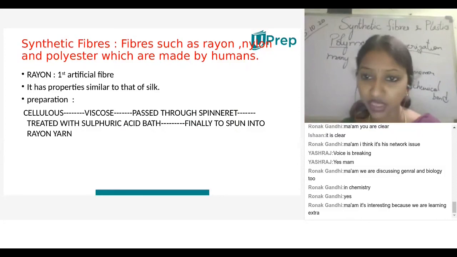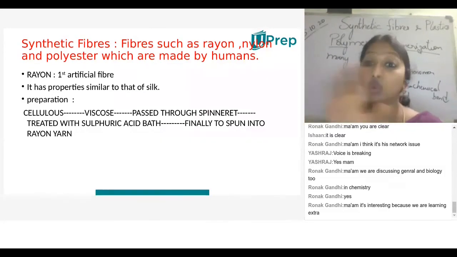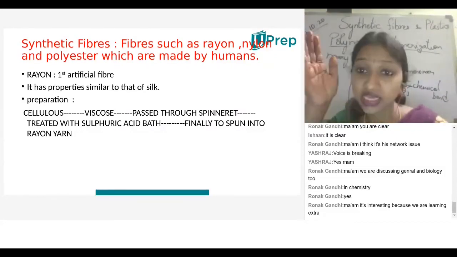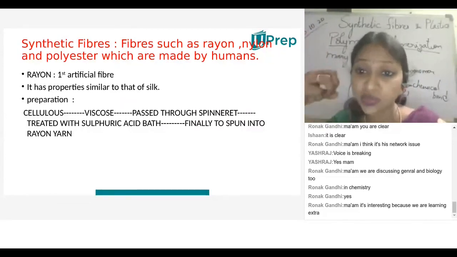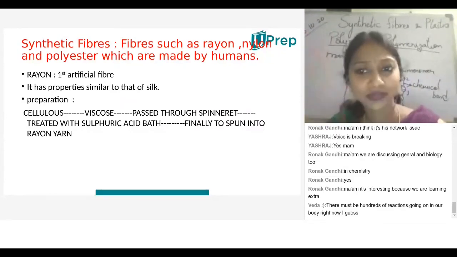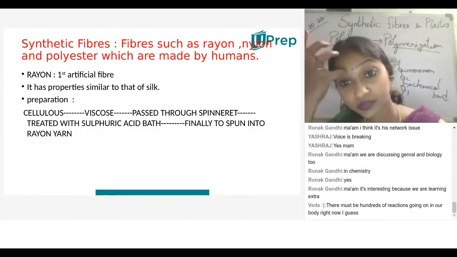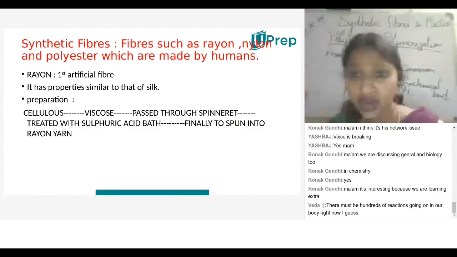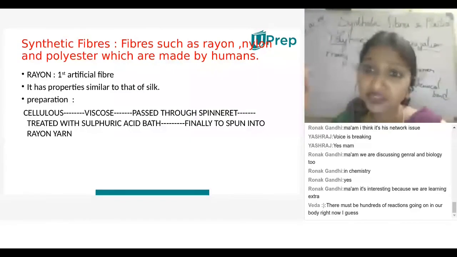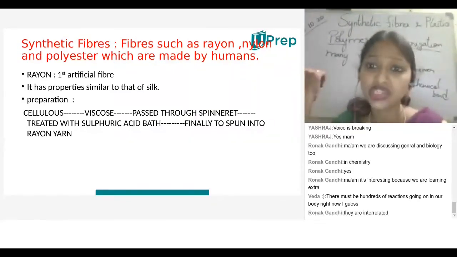How the enzymes are secreted, how digestion takes place, how respiration takes place. All these are nothing but chemistry. Ma'am, I was talking about technology, not biology. Yes, definitely. Chemistry plays a major role in technology also.